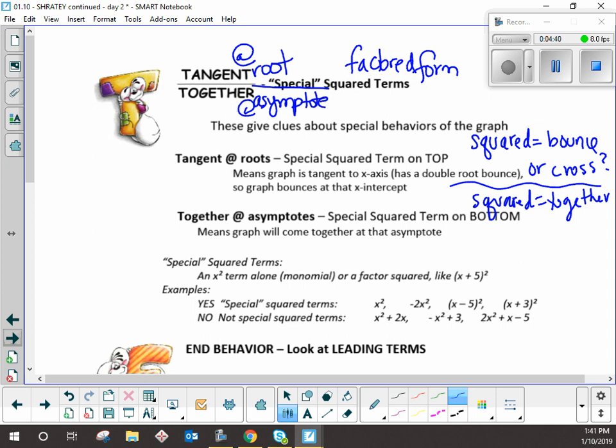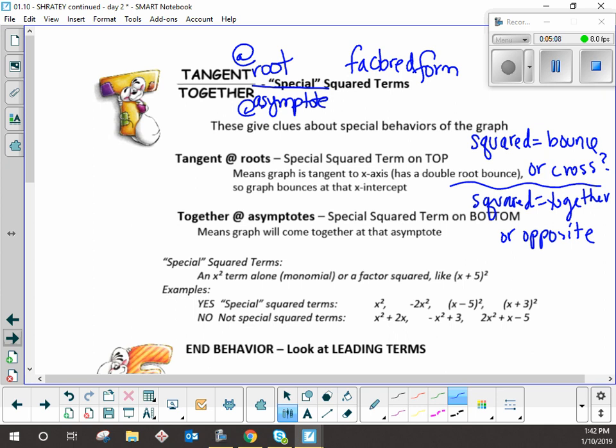And that occurs if it's squared, if you have a squared factor. If it's not coming together, it's going opposite. So this right here where it says together at the asymptotes, it says special squared term on bottom means the graph will come together at that asymptote.